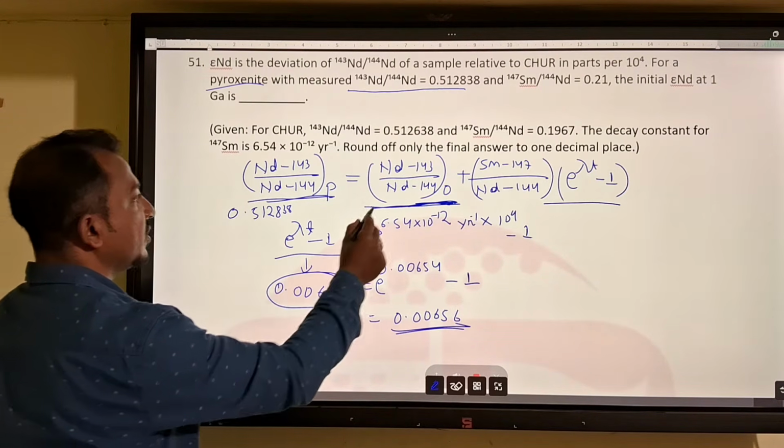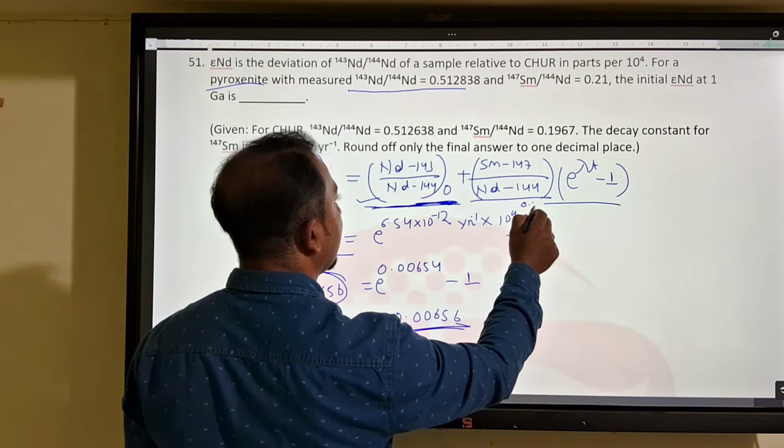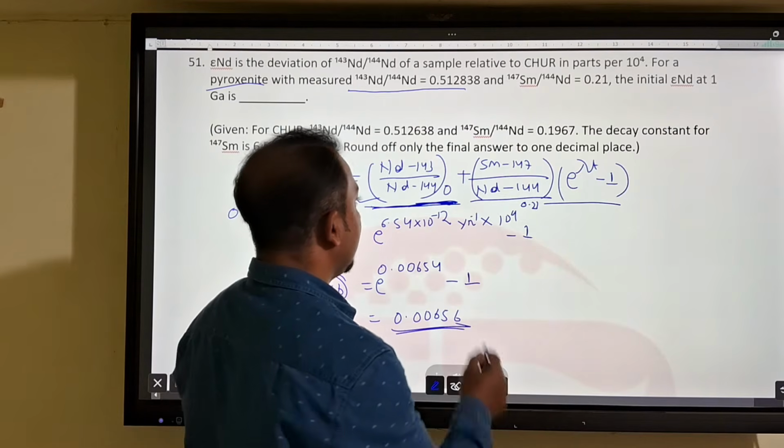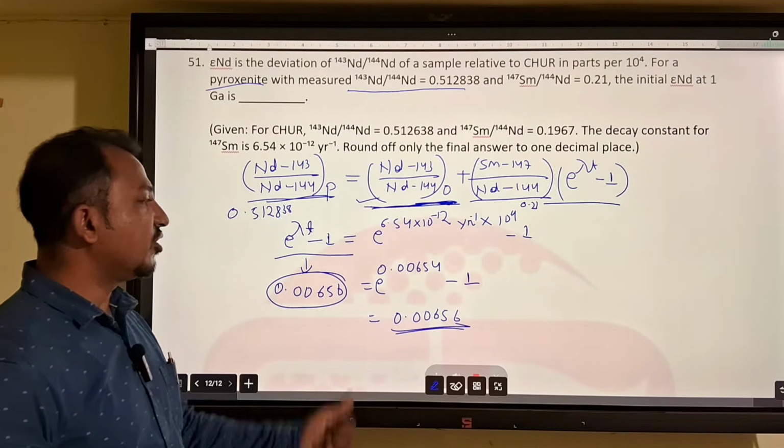The Sm 147 by Nd 144 is given as 0.21, and we already calculated e to the power lambda t minus 1 equal to 0.00656.